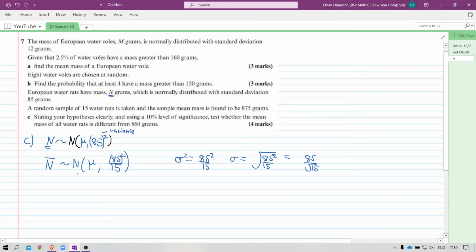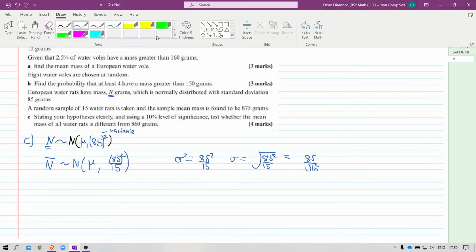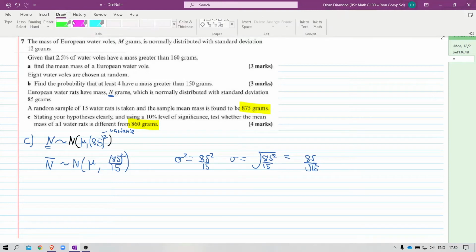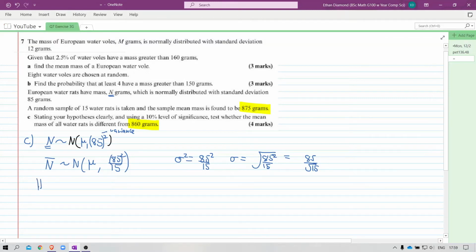So what is mu? That is the question. They've given us basically two means. They've given us the mean which they observed from the sample, and they're telling us that this mean here, 860. So remember, hypothesis testing, the whole premise of it is that you have a null hypothesis, which you assume to be true, and you have an alternative hypothesis, which is true if your null hypothesis is proved to be wrong.